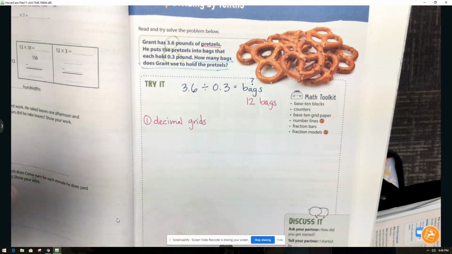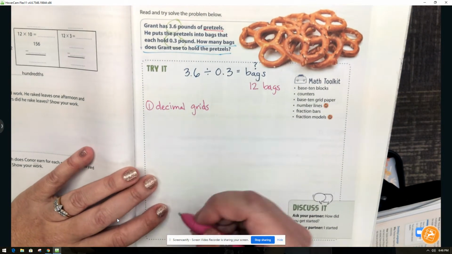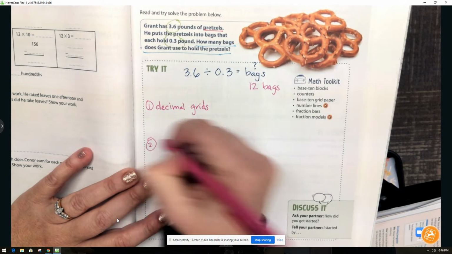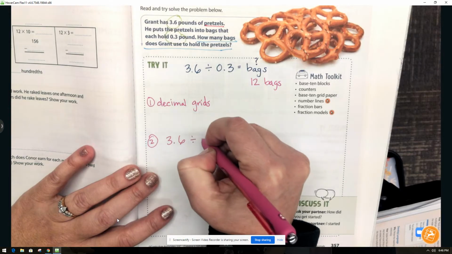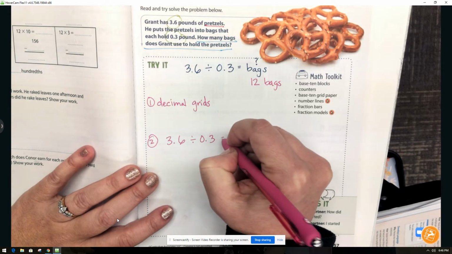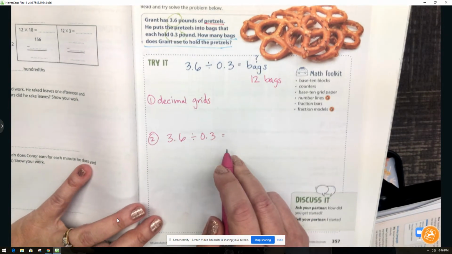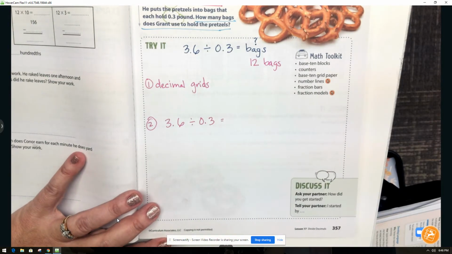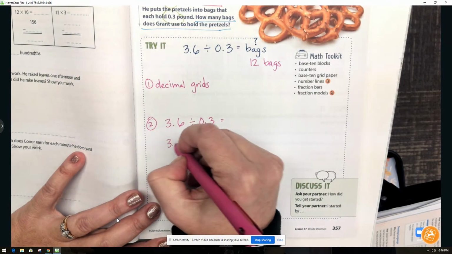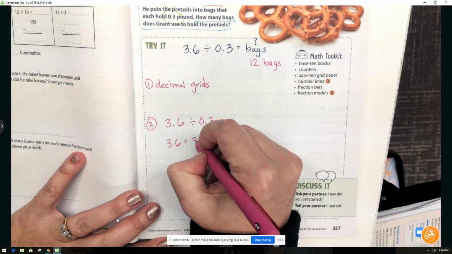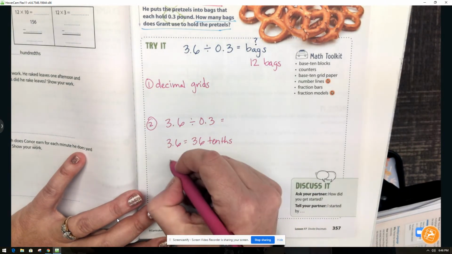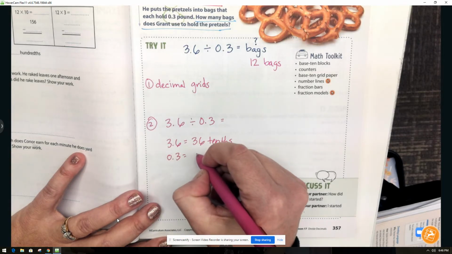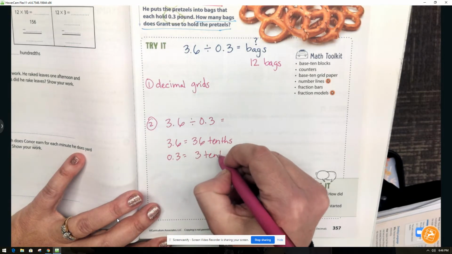Okay, another way that I could do this is using my place value. So if I had 3 6/10 divided by 3/10, I could change both of these into whole numbers. So 3 6/10 is equal to 36/10. And then 3/10 is equal to 3/10.